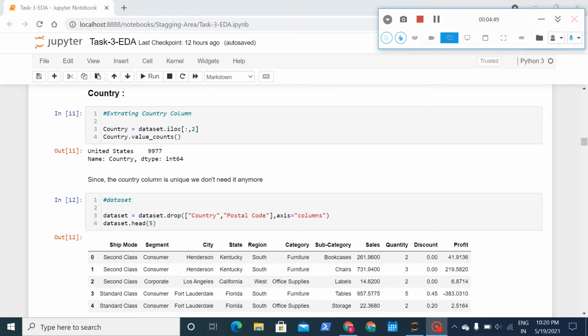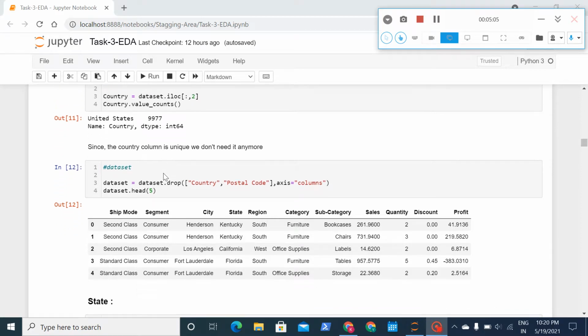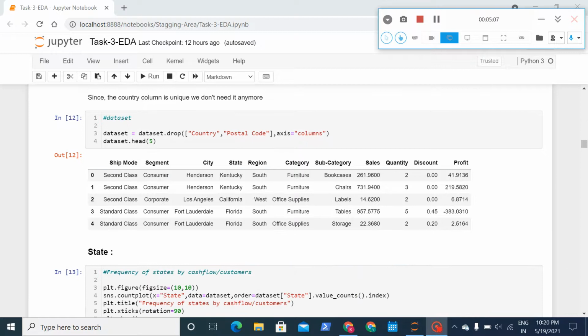And country, we will be extracting the country column, and using value counts we will find how many unique values are present in the country column. We can see that there is only one country named United States. So we cannot find any insight with this column. So we will be removing the country column as well as postal code, because these two columns don't provide any insights to us.